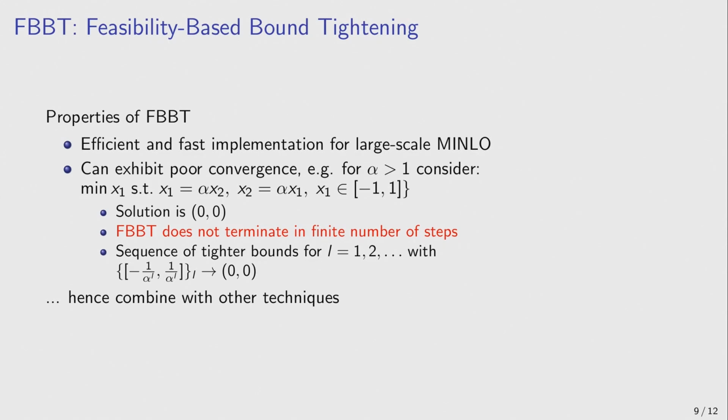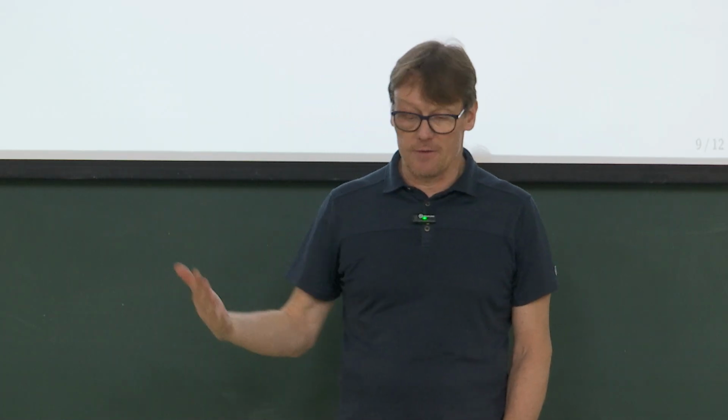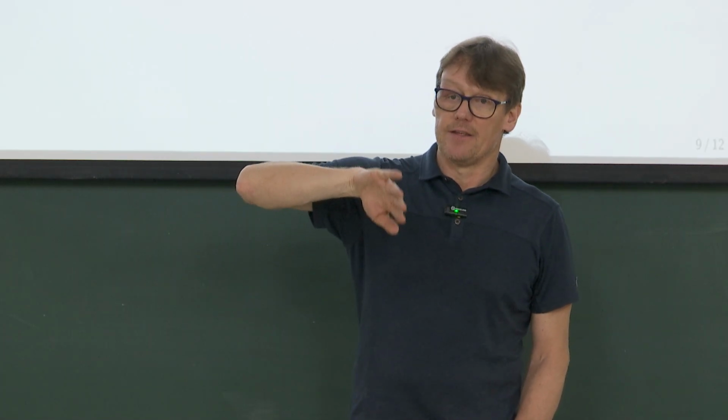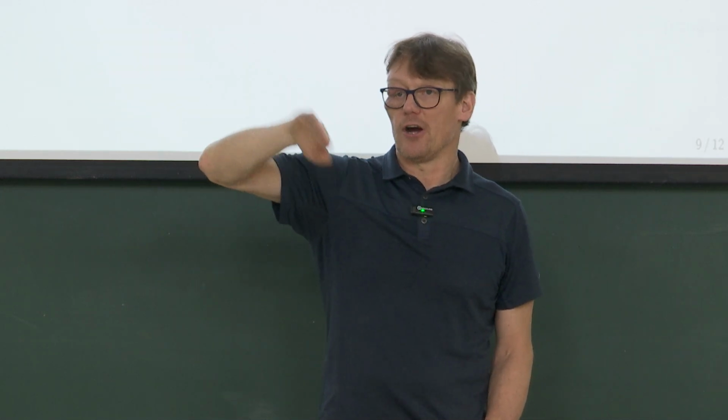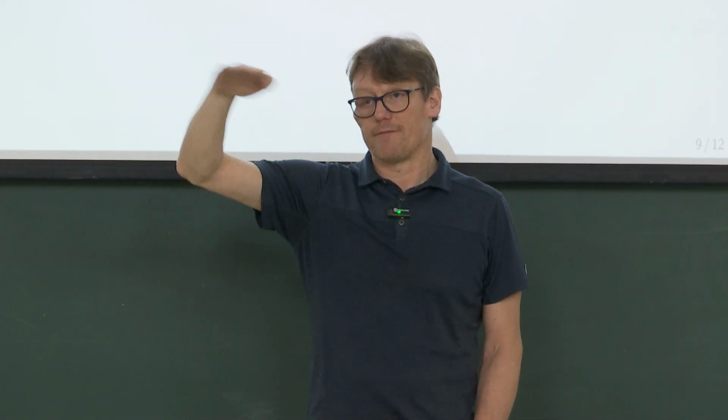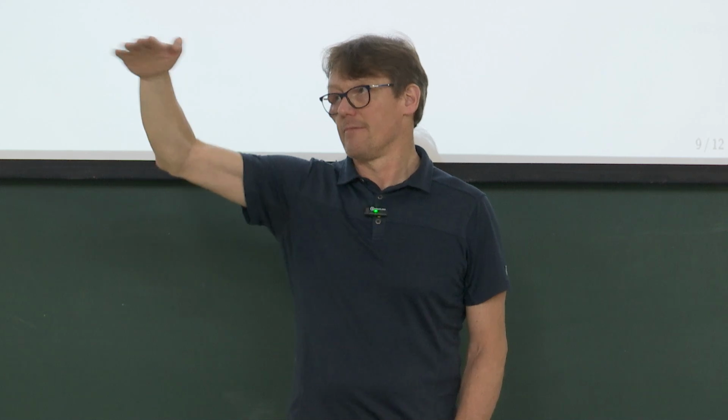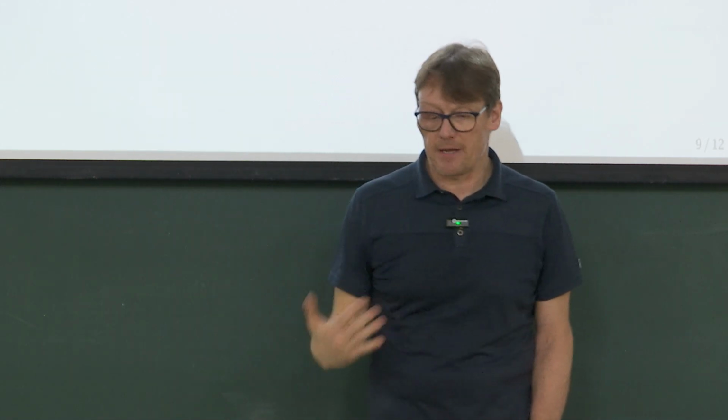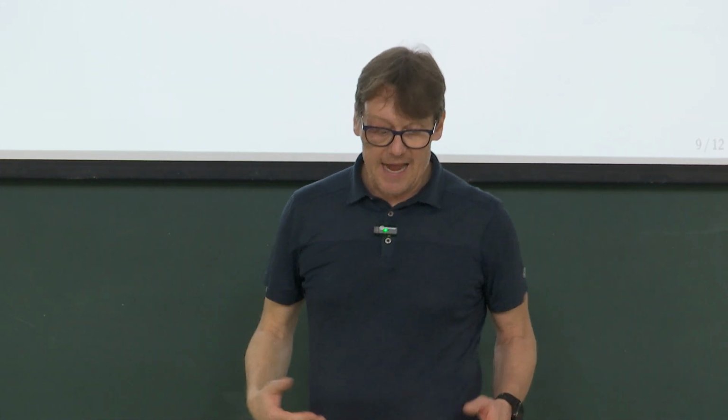You're just applying these operations inside the computational graph. But it can be slow to converge, and there's examples where it doesn't terminate in a finite number of steps. So it's an infinite process, and it can be slow. In particular, you will see a lot of improvement early on, and then this improvement will tail off. And that's where you want to stop doing it because there's not a lot of gain for a lot more effort.